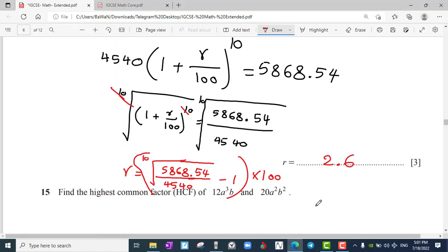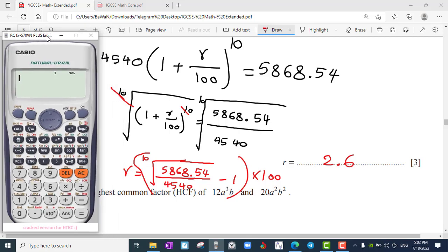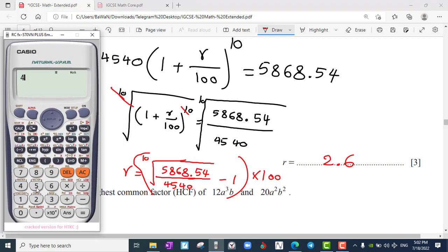This is R. Let's check our R. We write 2.6 in place of R, and see whether we get 5868 or something very close. Let's check. 4540 multiplied by 1 plus the fraction 2.6 over 100.